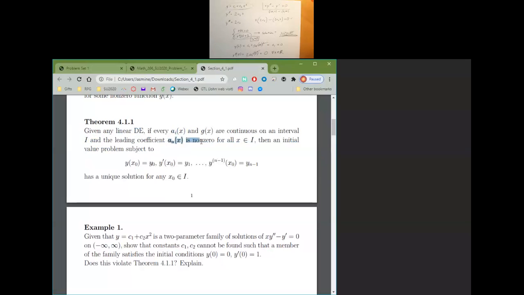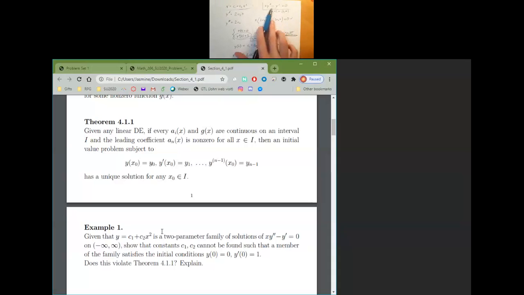In particular, a sub n equals 0 for one of those values. And so that means that we have to take this interval for which it's a solution and slice it up into smaller intervals that satisfy both being a solution and the rest of the theorem's requirements.